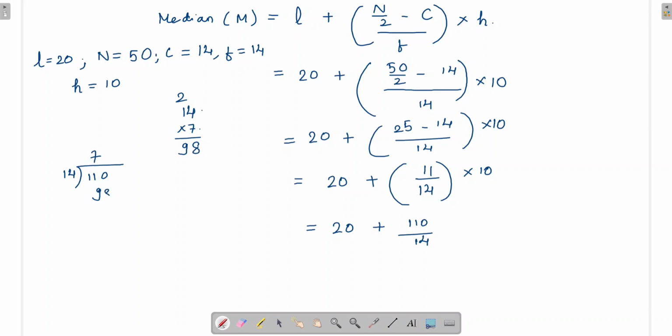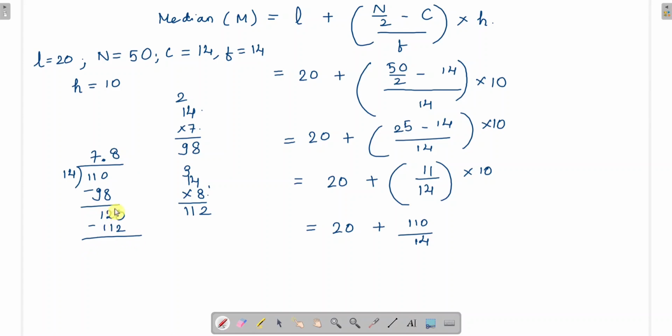We have to subtract: 110 minus 98 is 12, extra 0 we have to take, so point here. And now let us see, 14 8s: 8 4s are 32, 8 1s are 8 plus 3 is 11, so 112.